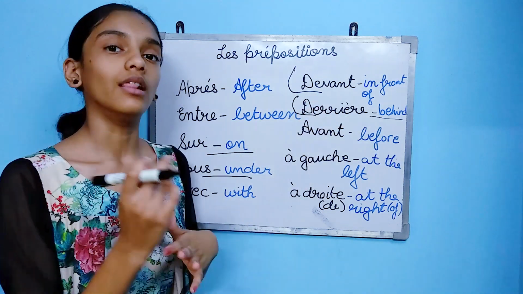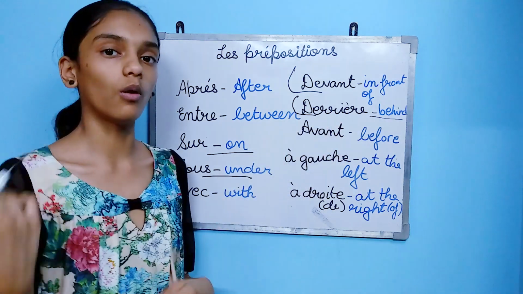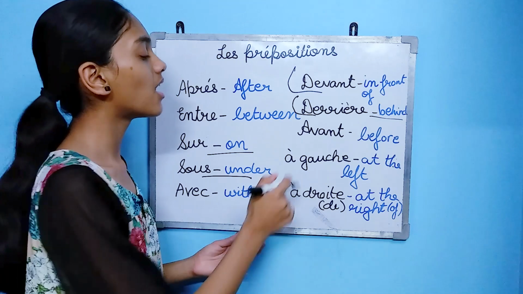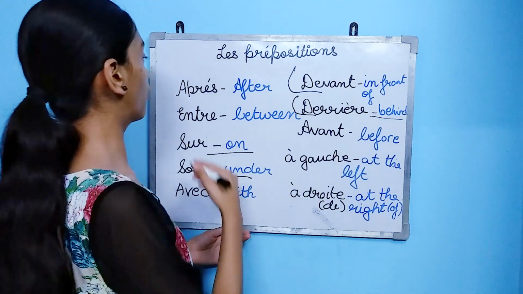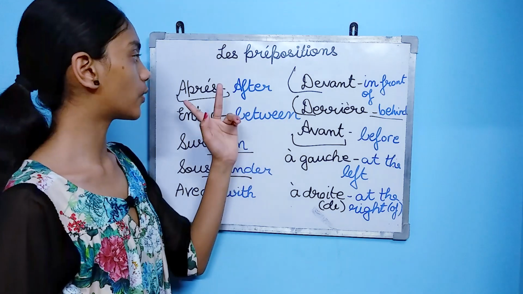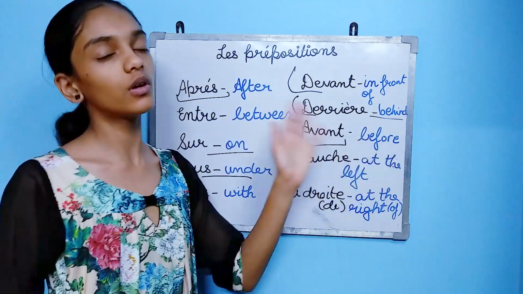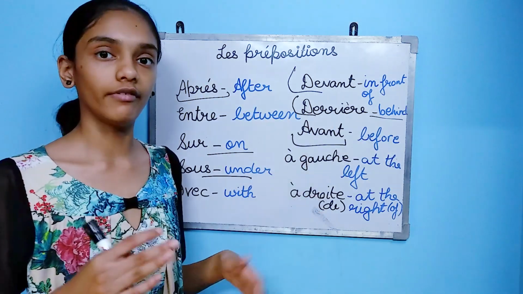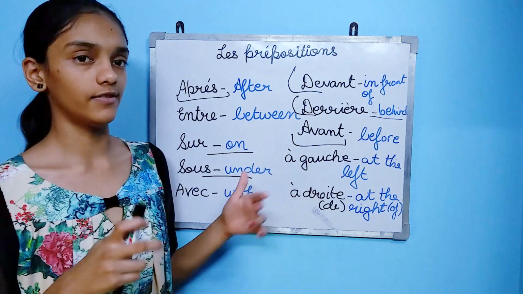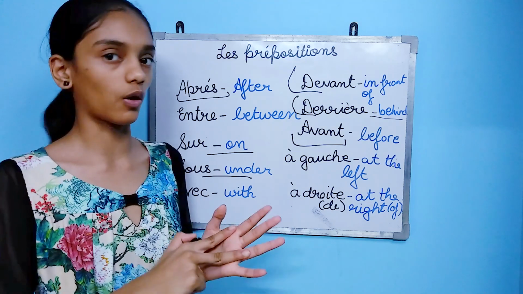Similarly, you can say l'école est derrière mon maison. My school is behind my house. Avant, which means before. So après and avant are also the contraries. After, before. J'arrivais avant 2 heures. I will come before 2 o'clock.